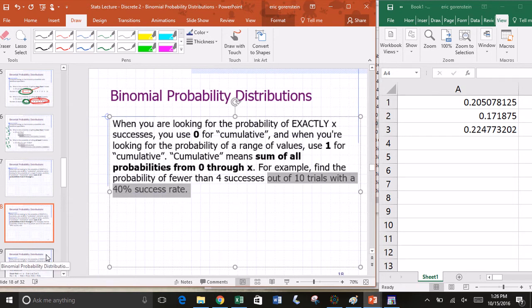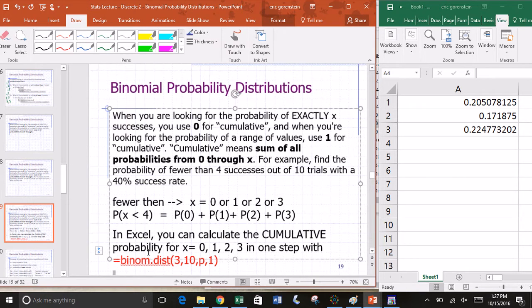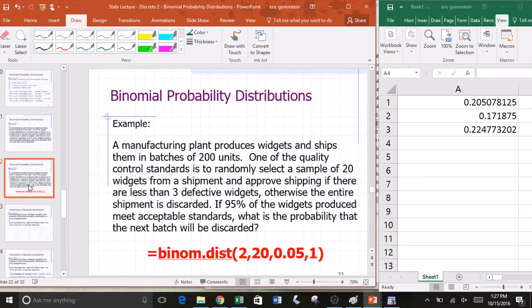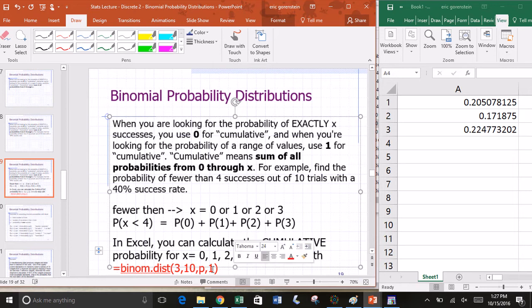So fewer than 4 means 0, 1, 2, or 3, which is basically what we just did with the dice. Actually, the probability of success, if we're given a 40% success rate, for some reason I can't change that. Anyway, this P would be 0.4 for 40%.